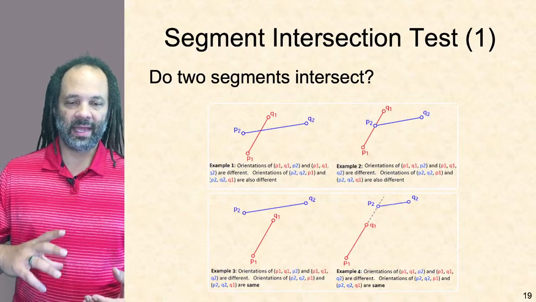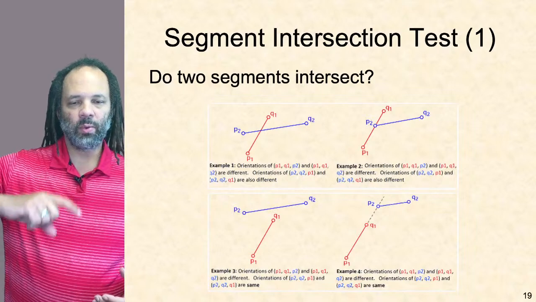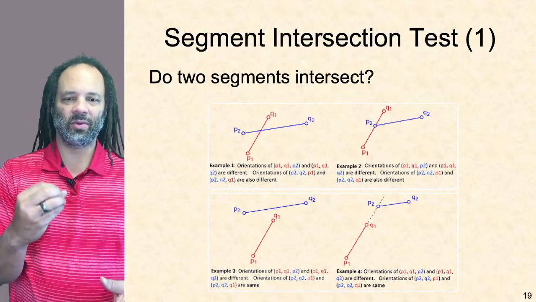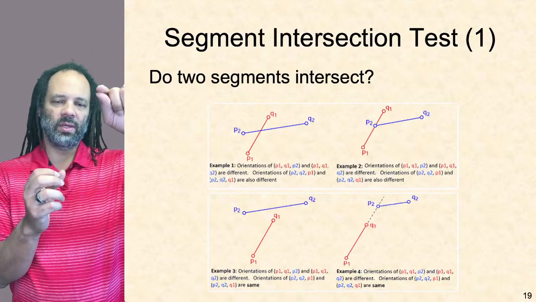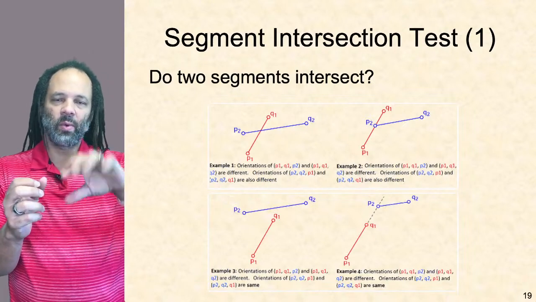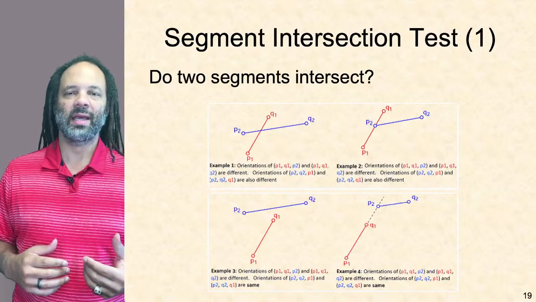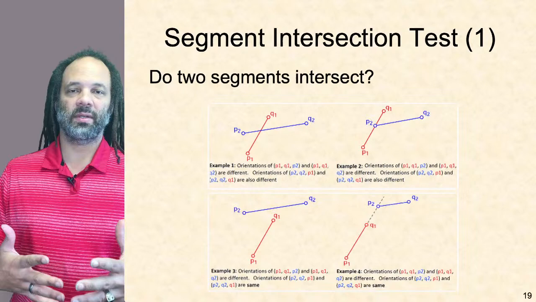So P1, Q1, P2, P1 is a zero triangle, versus P1, Q1, Q2 back to P1, which is a clockwise triangle. So I've got a zero versus a clockwise. I can say that those are different.